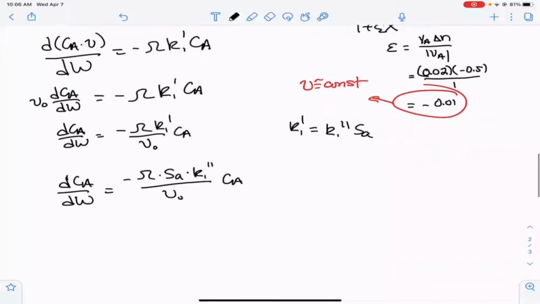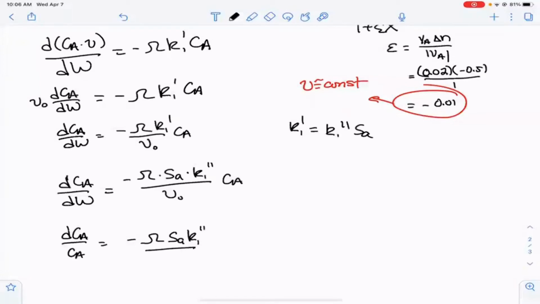Okay. And let's divide by CA and multiply through by dW. So we get dCA over CA equals minus the overall effectiveness factor times SA times K1 double prime over the initial volumetric flow rate times dW.